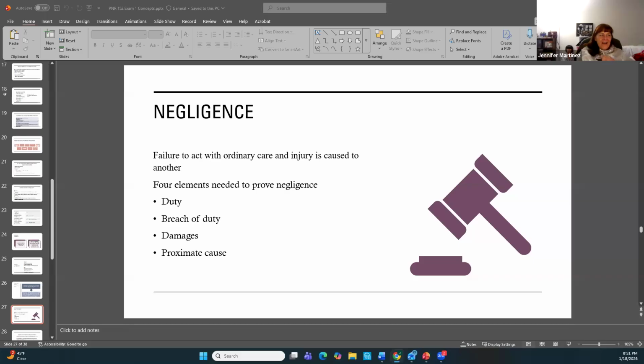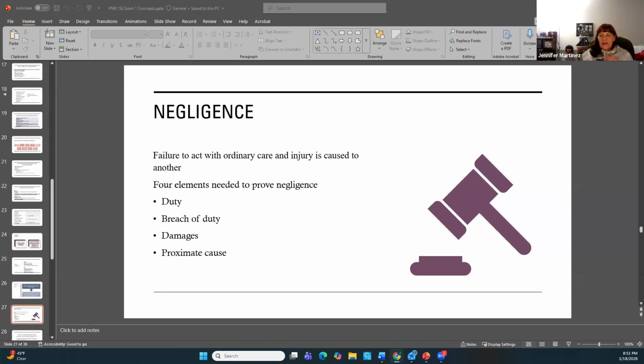All right, so we have negligence. Negligence is failure to use such care as a reasonably prudent and careful person would use under similar circumstances. So it's failure to act with ordinary care and injury is caused to another.